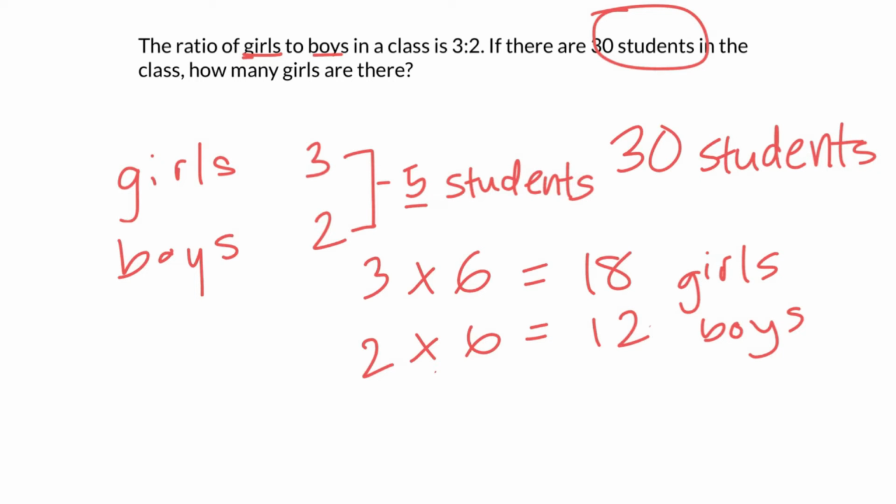And one thing that we can do to double check this and make sure it's correct is just add up our amounts. Let's make sure that it actually accounts to the 30 students that was mentioned in the beginning of the problem. So 2 plus 8, 10, carry the 1, and 1 plus 1 plus 1 is 3. So that gives us our 30 students. So in this way, you can see that we have our different parts of our ratio.